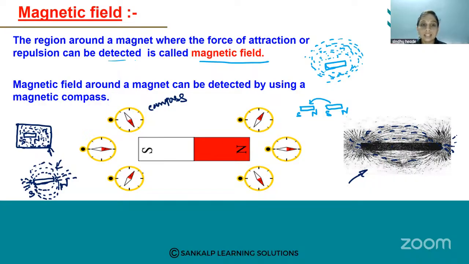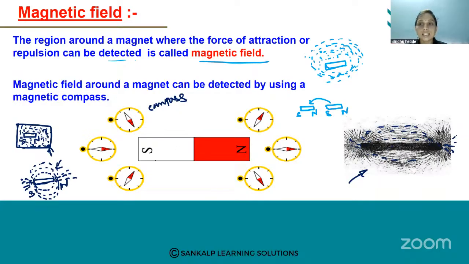Then just take one compass and place that compass near this magnet. See here we show so many compass box positions, right? Here there are many compass boxes, which does not mean we took that many compasses. What is the meaning here?